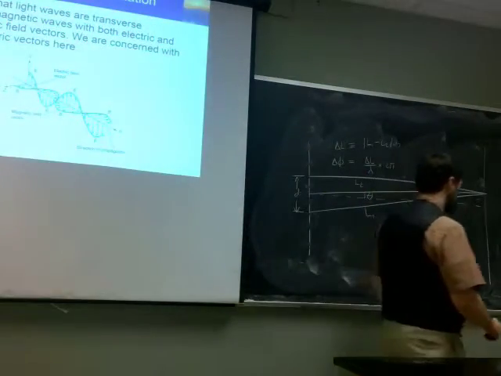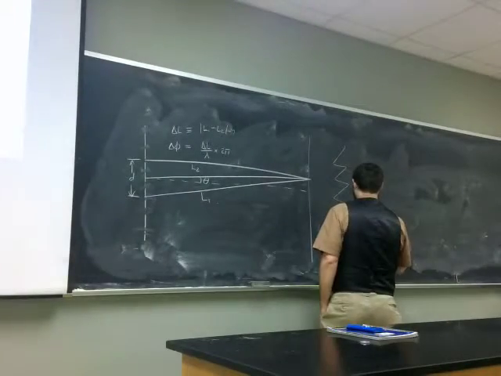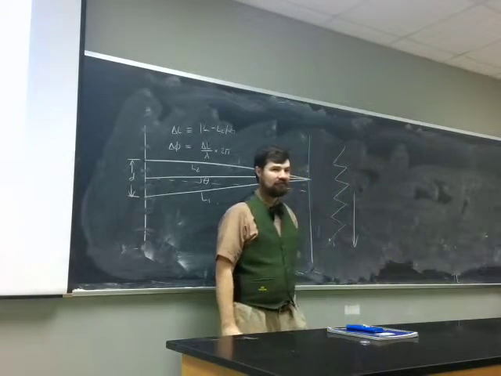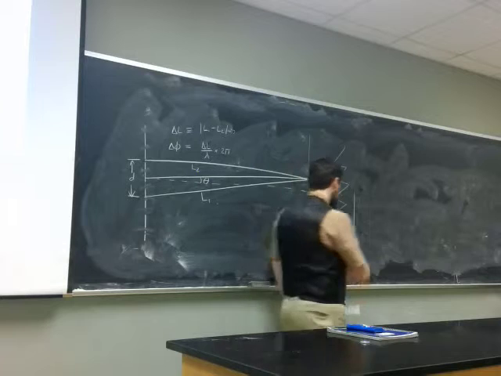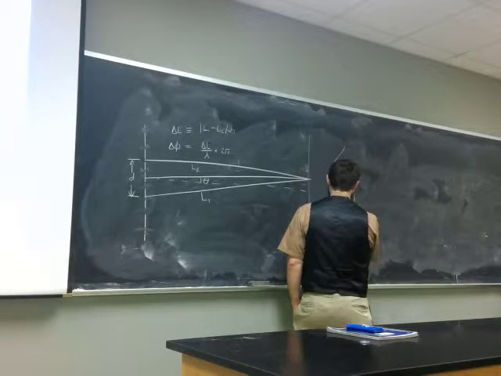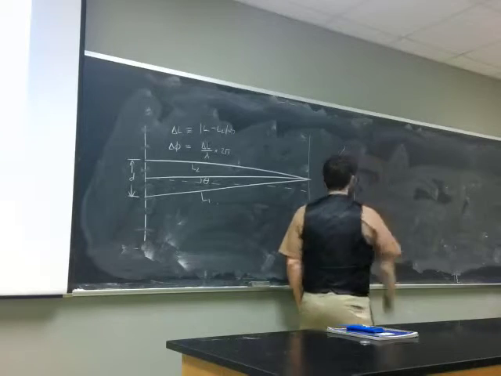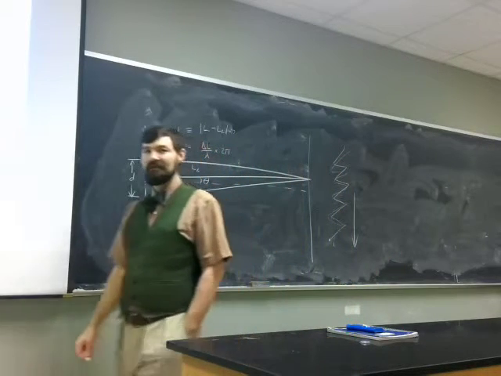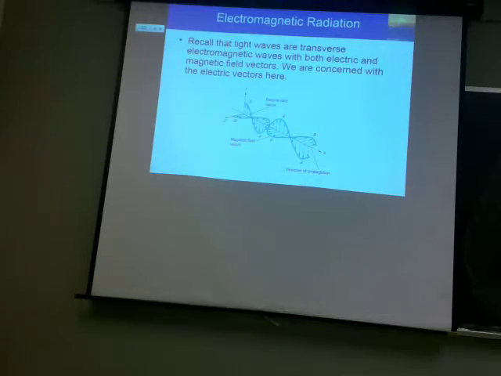Now, if the electric field is like this, then the electron will try to accelerate this way against it. And so it basically is able to move along the chain. And what that does is it absorbs some of the electric field.